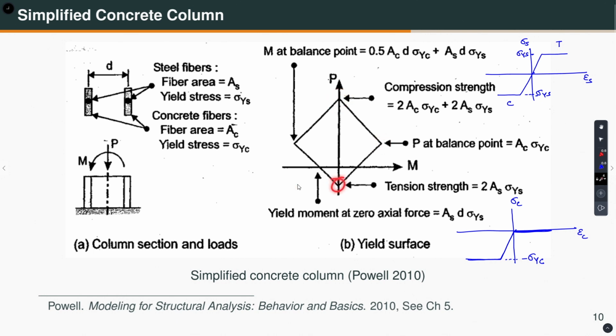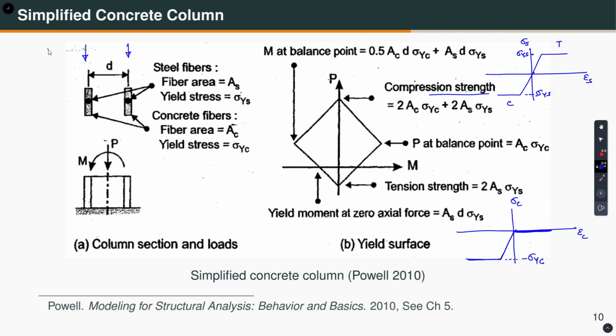Okay. So, first let us consider this compression strength. How do I calculate this compression strength? Well, the stress distribution corresponding to compression strength is like this. If I draw, so here I am drawing. Okay. So, this is compression and this is compression. How much can this be? Well, let us say the steel is completely yielding and concrete has reached its strength of sigma yc.